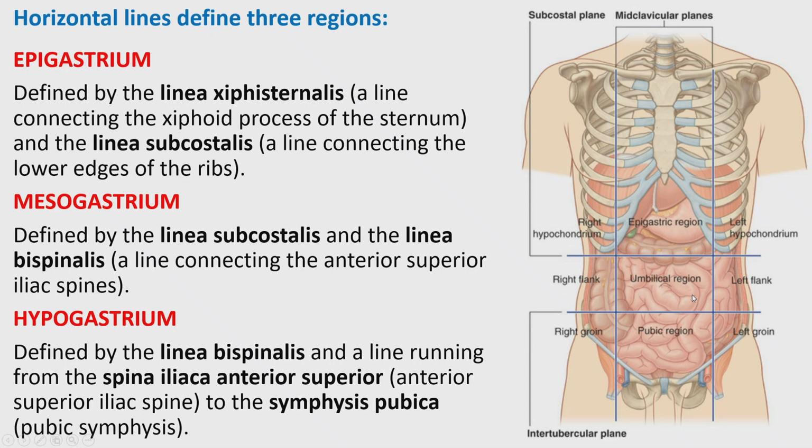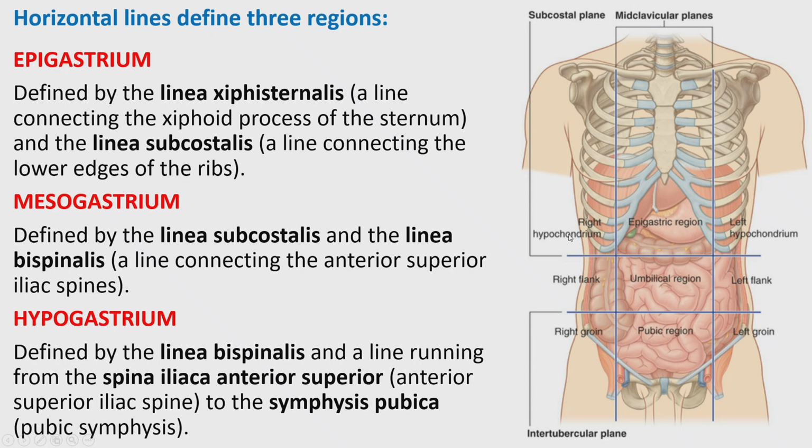Then between the subcostal and the bispinal line is the umbilical region, and between the bispinal line and the symphysis pubis, here, is the pubic region. So in the midline you have these 3 regions.